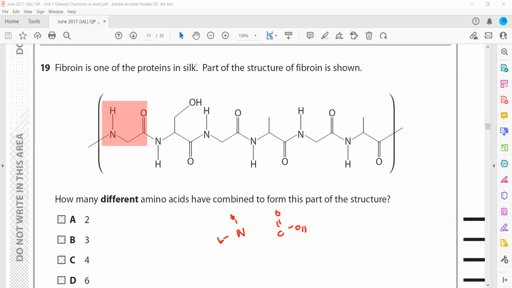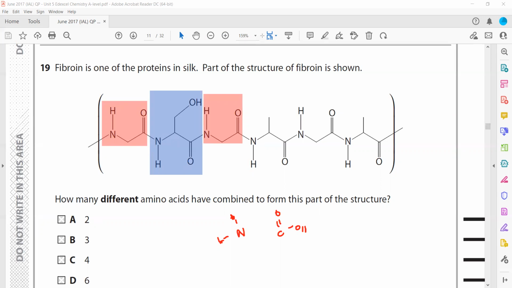Then where is the second amino acid? This started with NH and it stopped here, C double bonded O, this part, because the chain link is here. That is a side chain, but this is the main chain. Then we have this, but this looks similar to the first one. And then we have this NH.